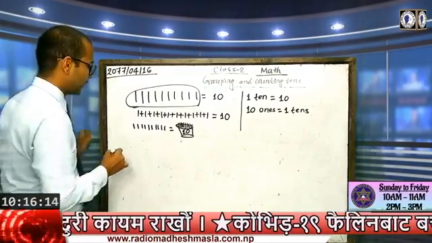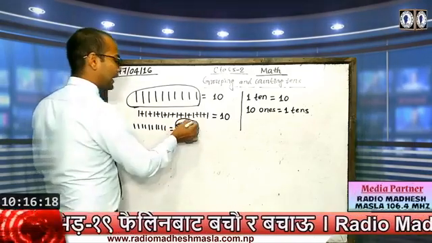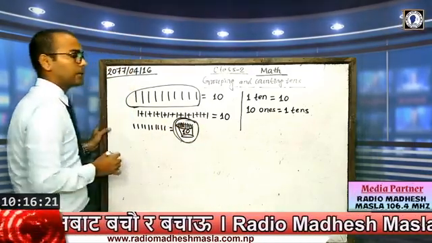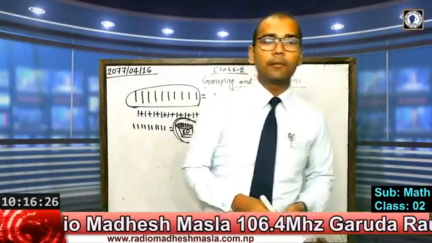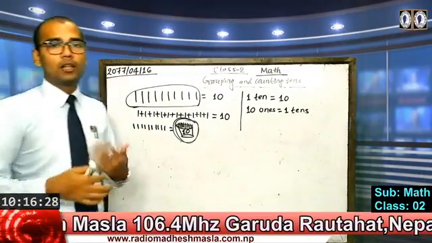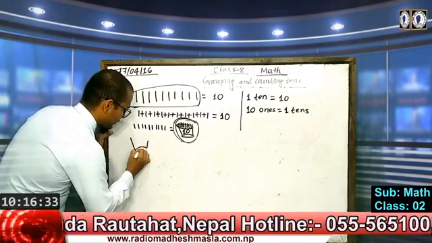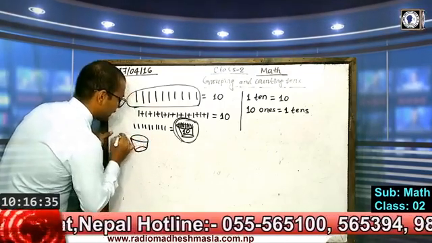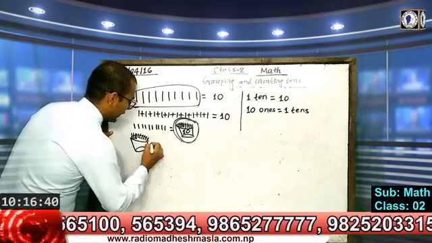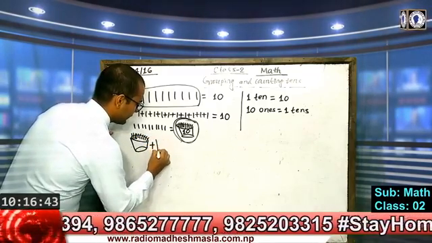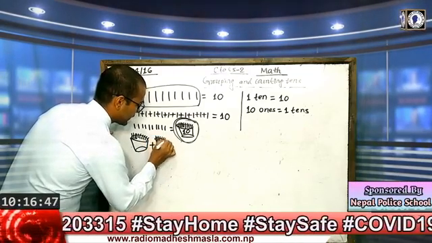In the same way, when we combine the group of 10 pencils with another group of 10 pencils, similarly it forms more tens. This is a bunch of pencils, 1, 2, 3, 4, 5, 6, 7, 8, 9, 10, plus another bunch of pencils, 1, 2, 3, 4, 5, 6, 7, 8, 9, 10.